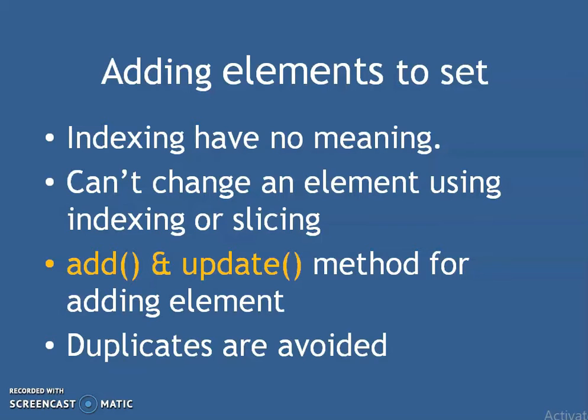As I said earlier, a set is an unordered collection of elements. If we have ordered elements, we can index them and slice that part. Here it is an unordered collection of elements, so indexing is not possible at all, and we can't slice.